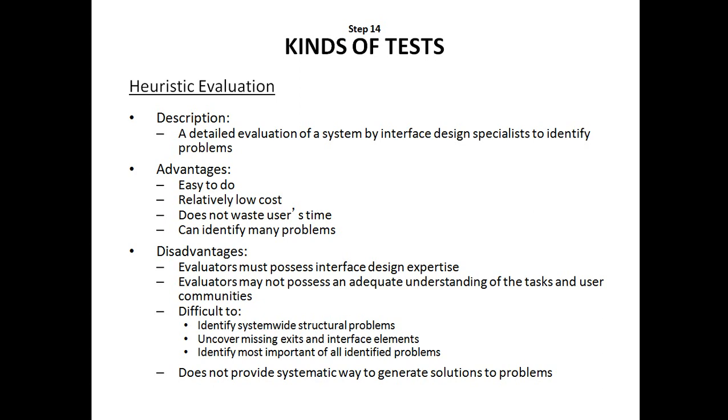They study the system in depth and look for certain properties they know, and then they identify the problems. The interface is judged for its compliance with a recognized usability principle, that is, the heuristic.